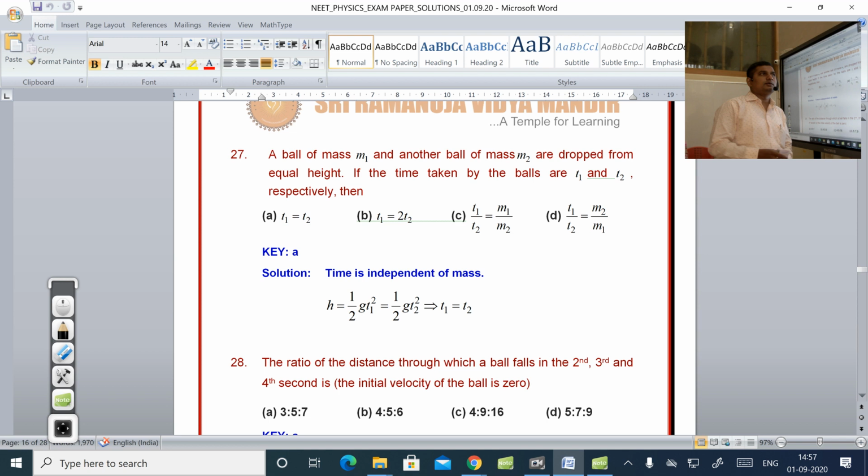Now they are asking in the options from the ground, but this distance is from the top. Please remember students, this distance is from the top. So from the ground, just subtract it from the total height.